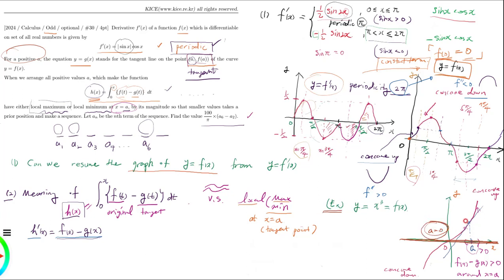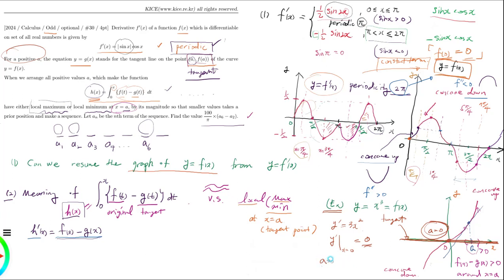Let's say a equals 0 and the tangent line is the x-axis, because its derivative is 3 times x squared. Its derivative value at x equals 0, the slope of this tangent line, is 0. So it's a parallel line passing through the origin here.